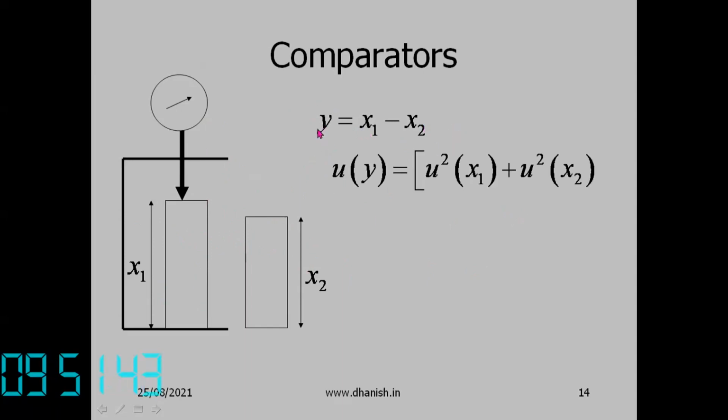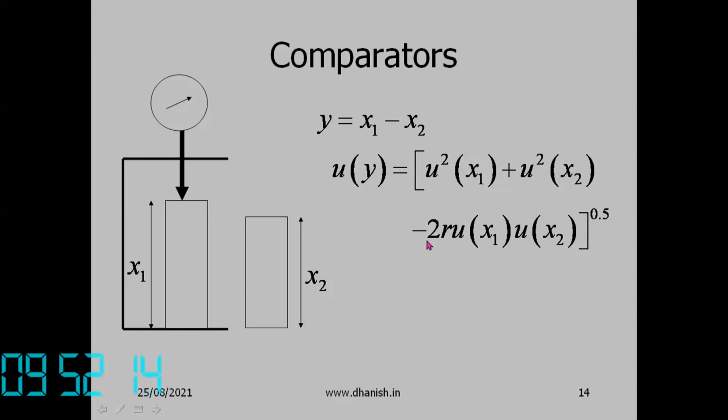So the uncertainty in the difference of x1 minus x2 will be uncertainty in x1 squared plus uncertainty x2 squared minus 2 into r into standard uncertainty x1 into standard uncertainty x2 raised to 0.5. So uncertainties, these two will add up, but then this term will cancel out. So uncertainty finally is reduced.